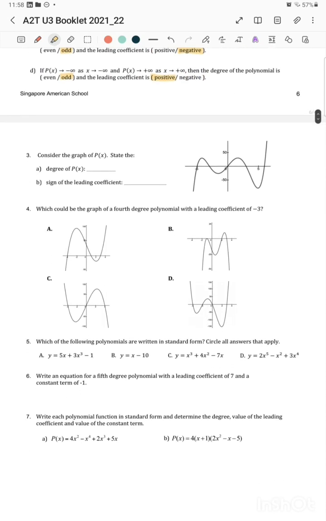Consider the graph of p of x. State the degree of the p of x: 1, 2, 3, 4, 5. Sign of the leading coefficient, so increasing trend means positive. Which could be the graph of the 4th degree polynomial with leading coefficient negative 3? So 4th degree polynomial, it's 1, 2, 3, 4.